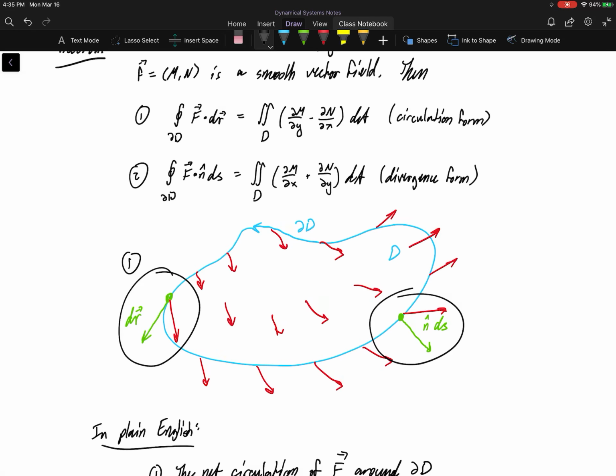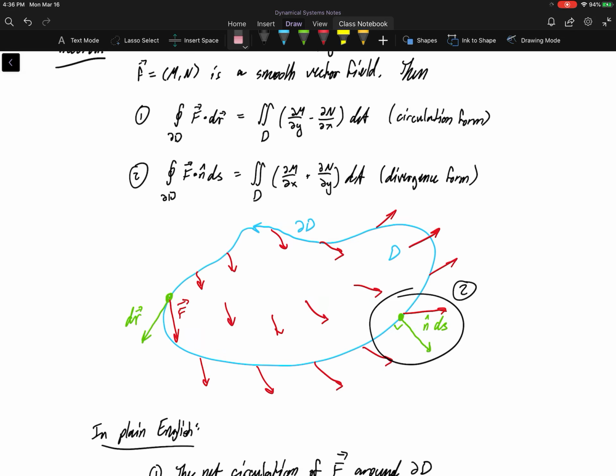The first has to do with how much of F is pointing in the same direction as, we'll put the F in there, I suppose. This is how much of F points along the direction of travel, whereas on the right here, we're measuring how much of F points perpendicular, right? How much of that is outward pointing? So how much leaves the interior domain D?